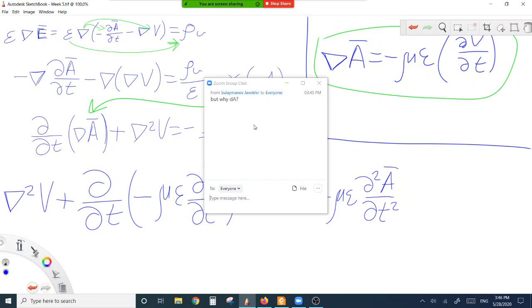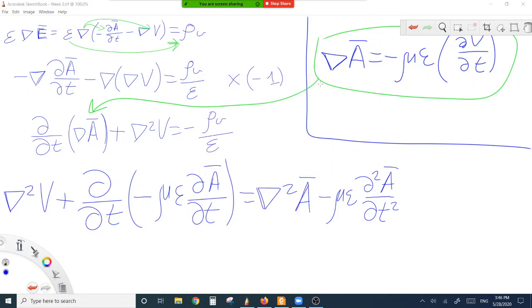Why dA? Yeah, you are right. Not dA, but dV. My fault. Mu epsilon dV over dt, and here also mu epsilon d squared V over dt squared.